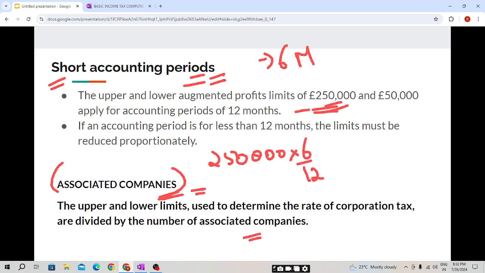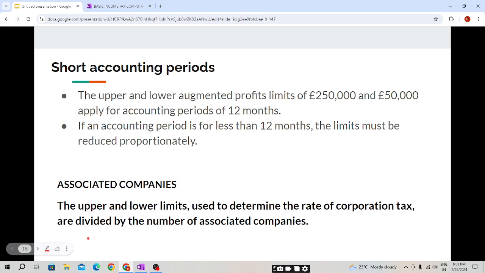So 6 divided by 12. But we also have associated companies. So this into 6 divided by 12 divided by, let's take an example of associated companies of 5. So it will be 25,000. Our limit will be 25,000.